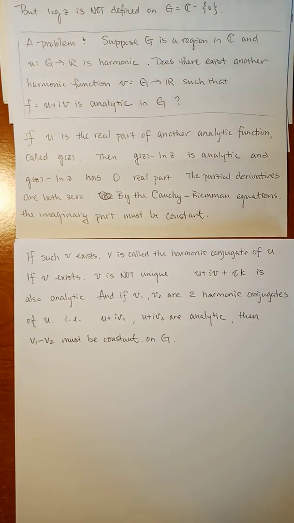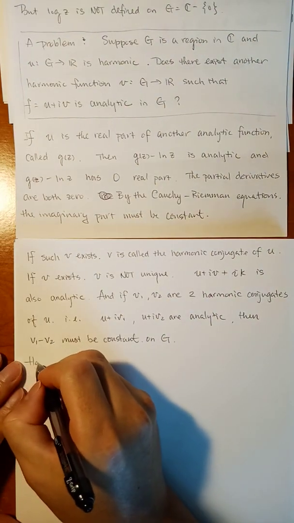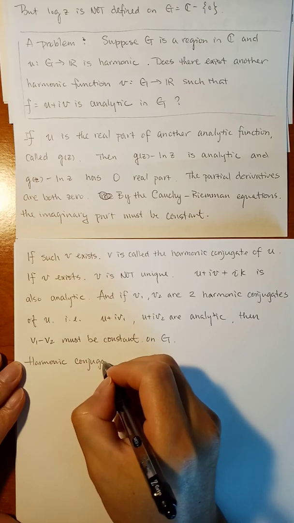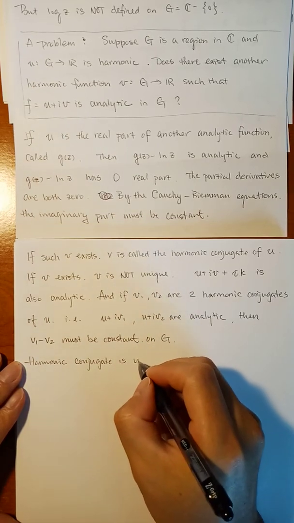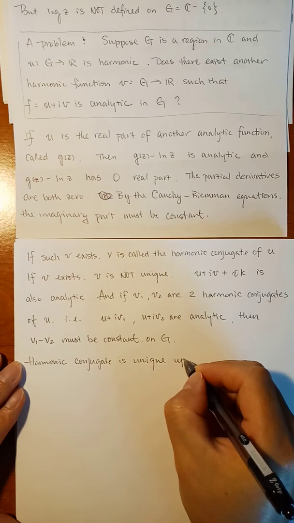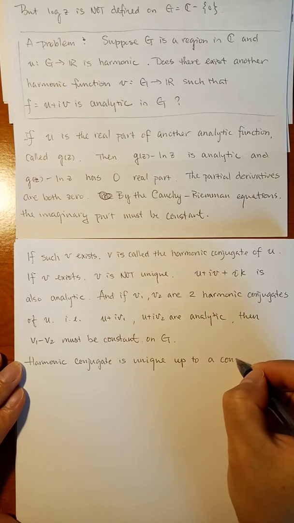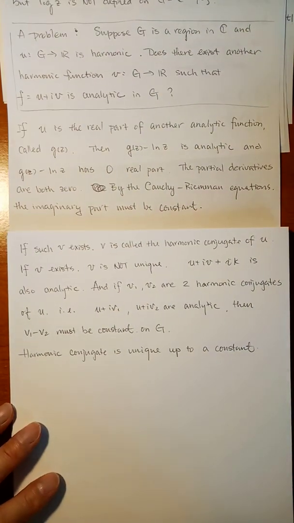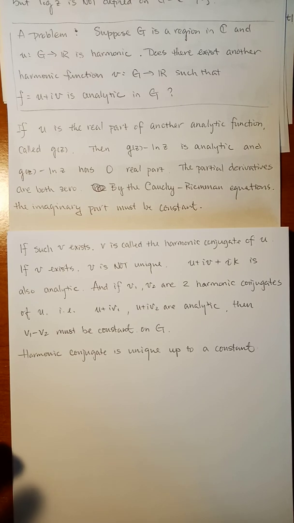So the harmonic conjugate is unique up to a constant. You can add a constant, but if you ignore that constant, it is unique.